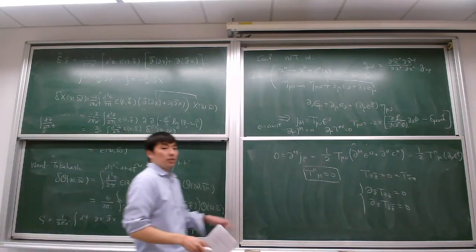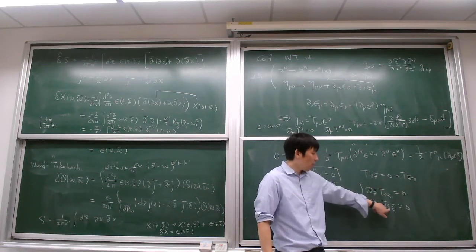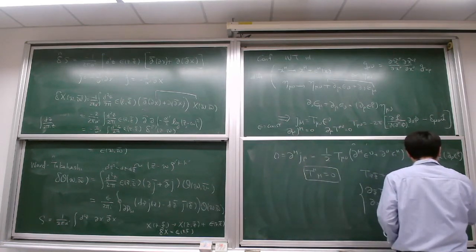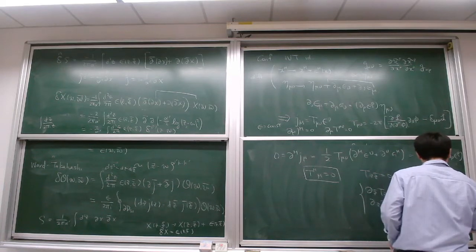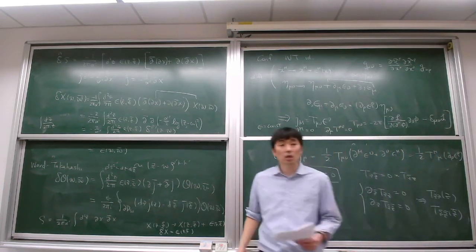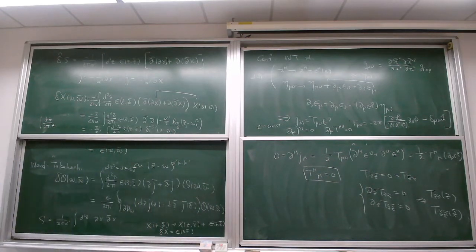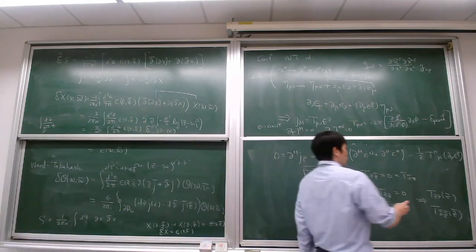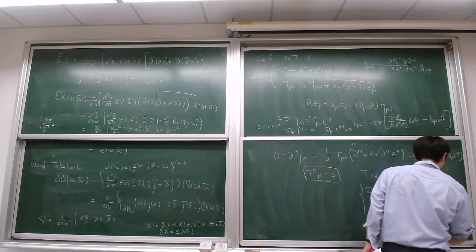As you can easily see, T_zz is holomorphic, it only has holomorphic dependence, and T_z bar z bar has anti-holomorphic dependence. That's the consequence of the conservation law. Usually people write this one as T, and this one as T bar.